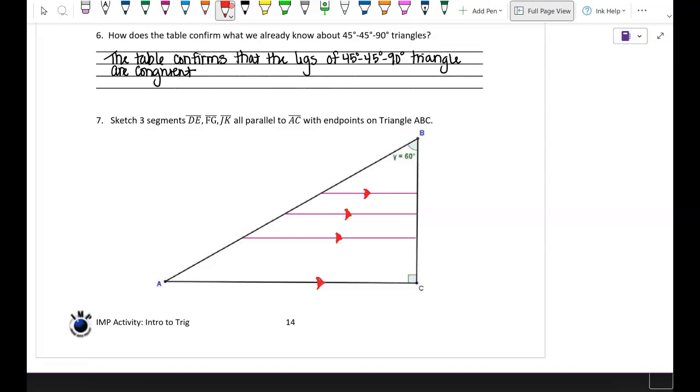And if one of them has a right angle, that means those are right angles. It's creating 3 new right triangles inside of the original right triangle. And again, one of the segments is DE, one of them is FG, and one of them is JK.